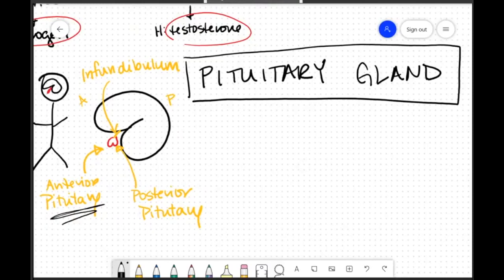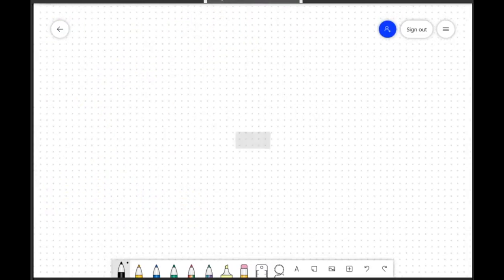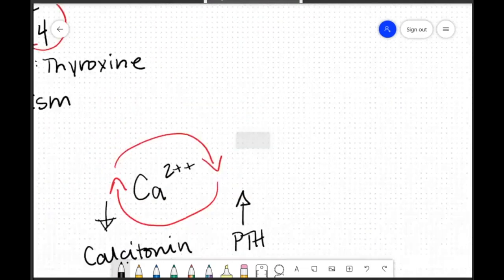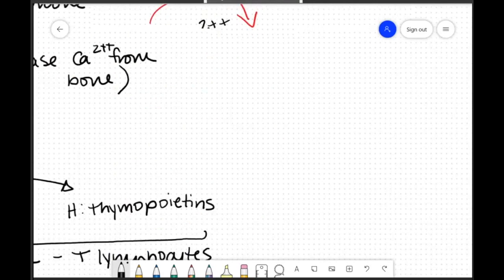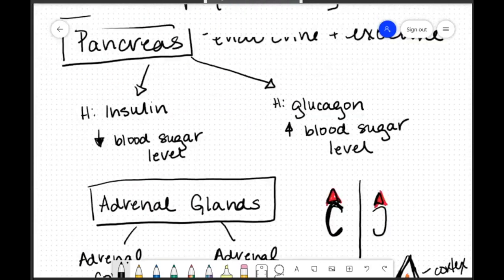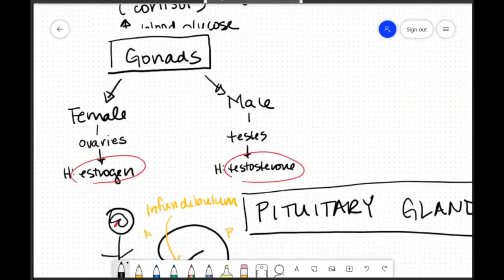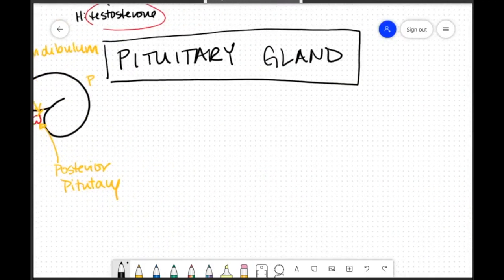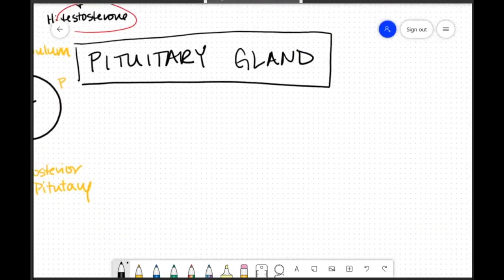So in our pituitary gland, we are going to talk about anterior and posterior. So we're going to take this guy and we're going to split him into two.